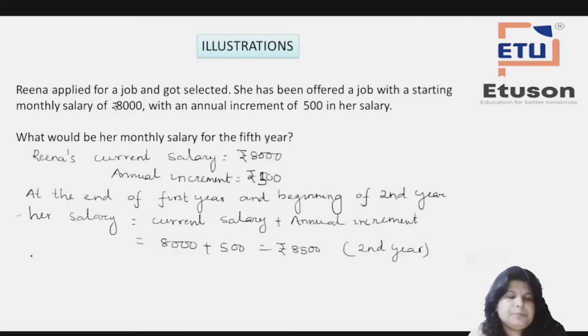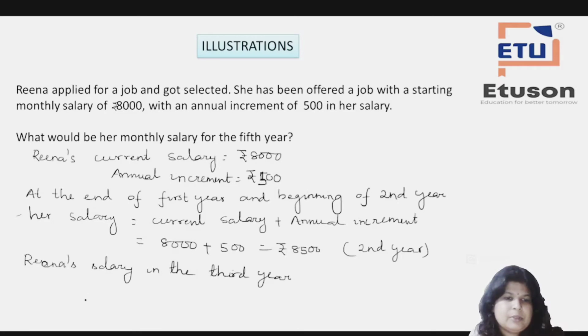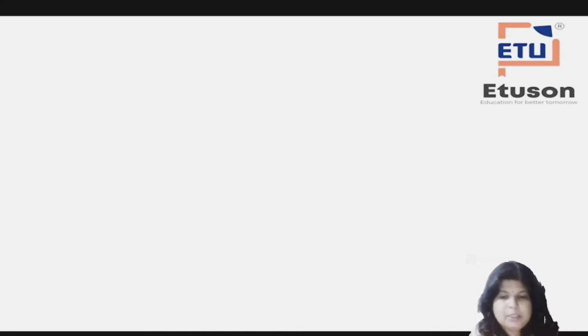Correct. So now suppose I want to find out Rina's salary in the third year. So how am I going to find it out? That is equal to 8,500 plus 500. Correct or not? Now this 8,500 I can write as 8,000 plus 500 plus 500.